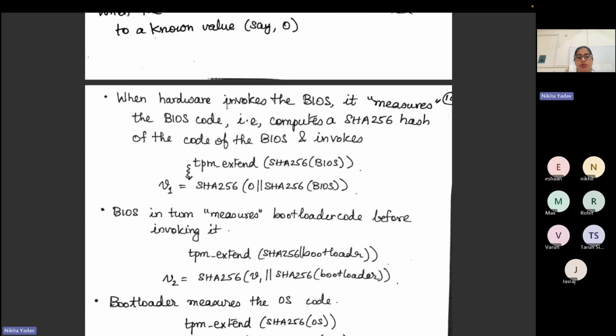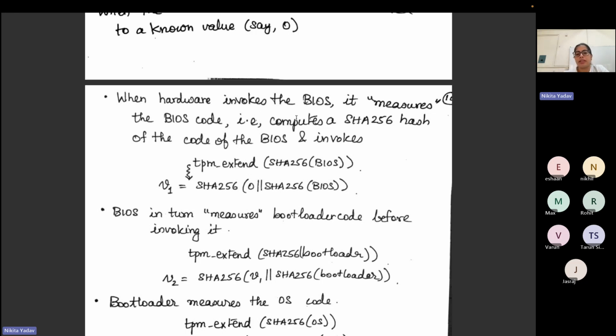So when the hardware invokes the BIOS, it measures. This is a term we use in attestation. It means that we are going to record something, making note of something. So here it measures the BIOS code. Note that the hardware is starting execution from the BIOS, so the hardware measures the BIOS code.